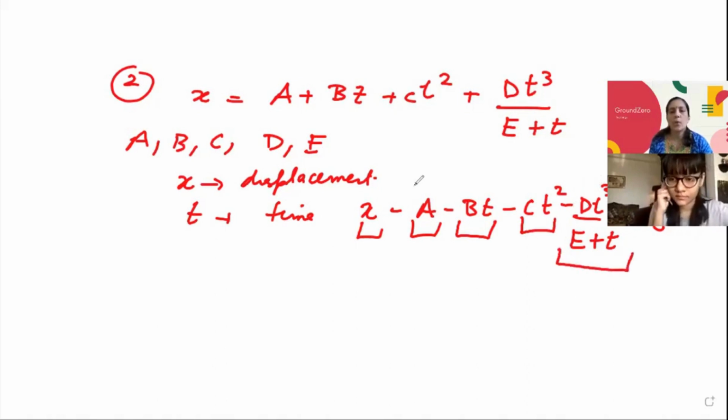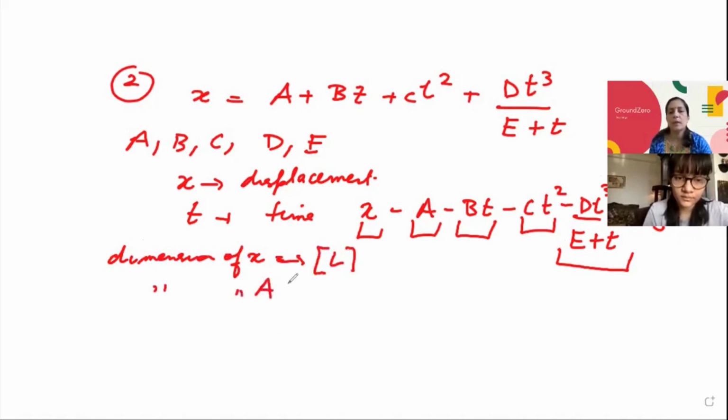So now what is X? X is the displacement. So we know the dimension of X, which is displacement, is given by L. So the dimension of A will also be L. Now what about B?